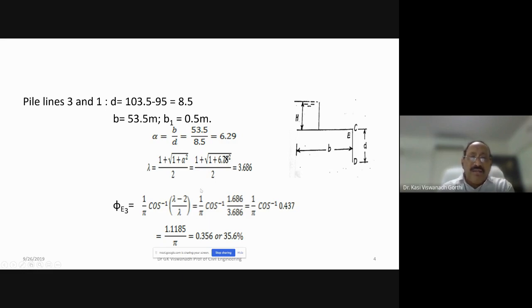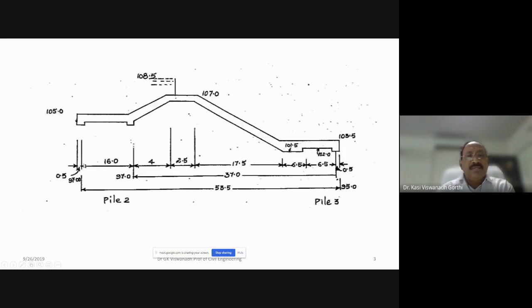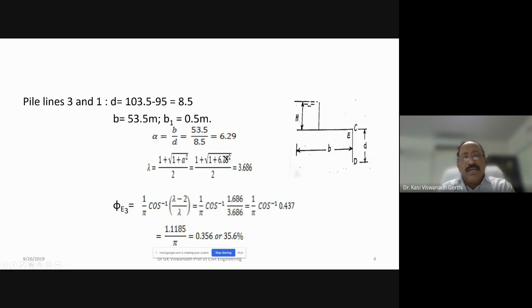Once you know the value of lambda, substituting here, you will get the junction pressure, the pressure at the key point E. The suffix 3 here is because this is pile line 1, this is pile 2, and this is pile 3. So we have the suffix E3 here. Phi E3 is given by 1 by pi cos inverse of (lambda minus 2) by lambda.